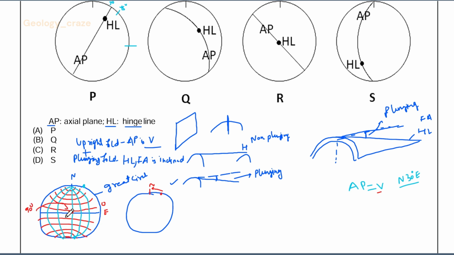It is 90-degree, so it should pass through the center. We join that line from this point to the center, and after rotating back to its original position, we get a line like this.